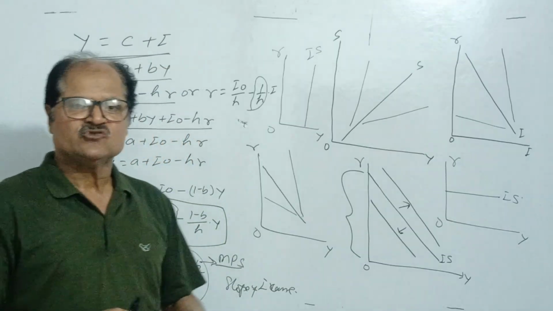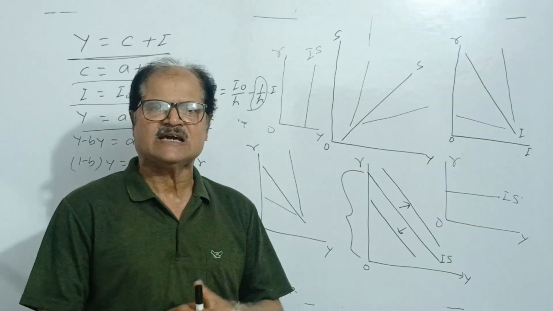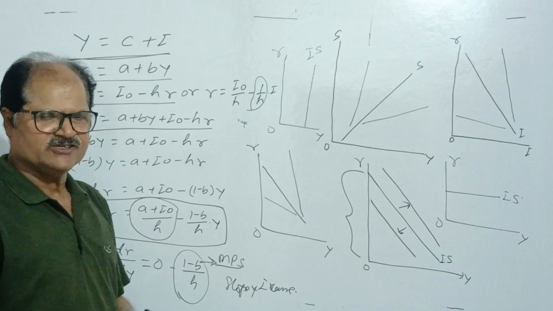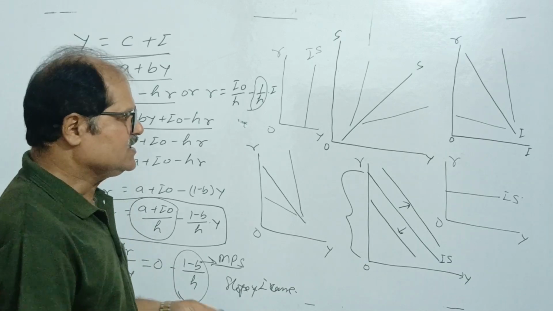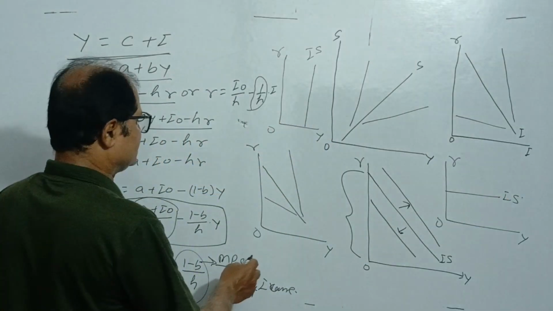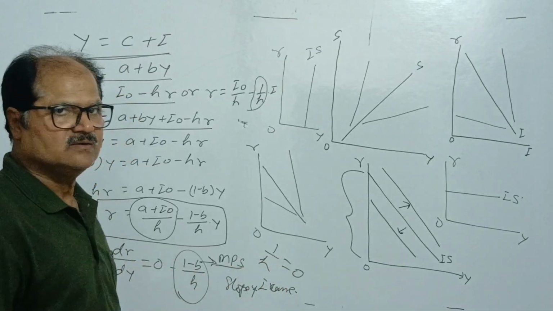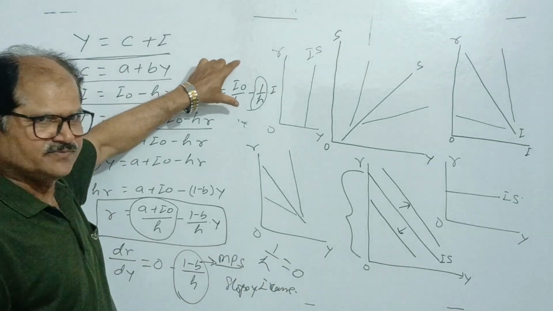Since the Keynesian proposition is that the marginal propensity to consume can never be 1, 1 minus b can never be 0. So the only condition in which the slope of the IS curve can be 0 is that 1 upon h is 0, and 1 upon h being 0 means the slope of the investment curve is 0.